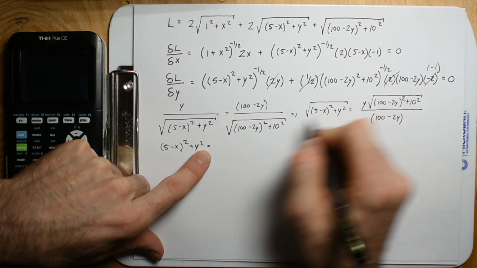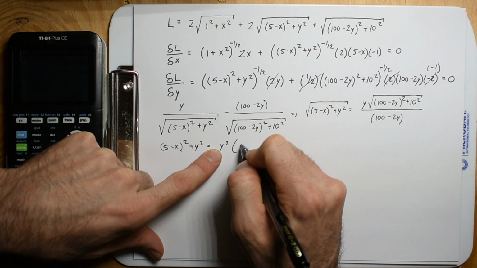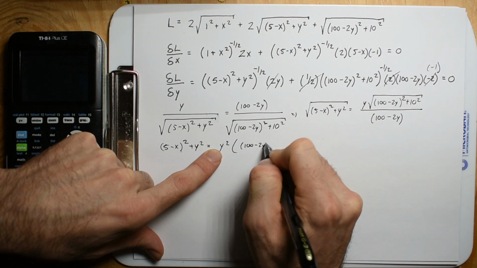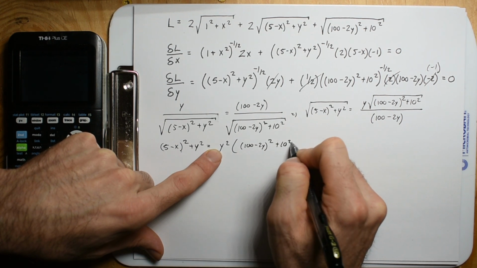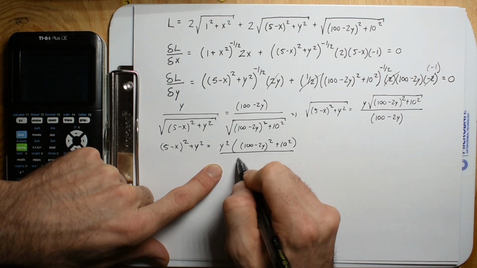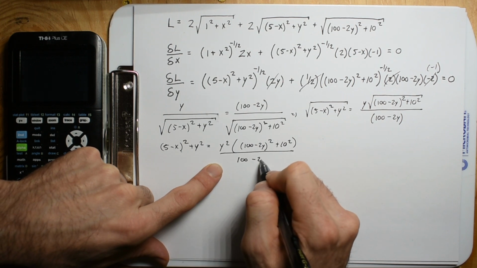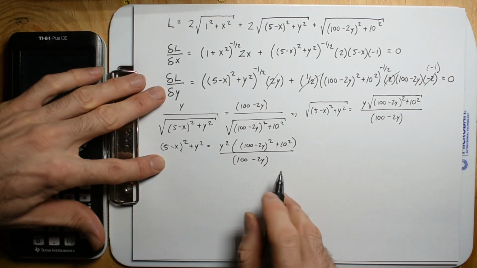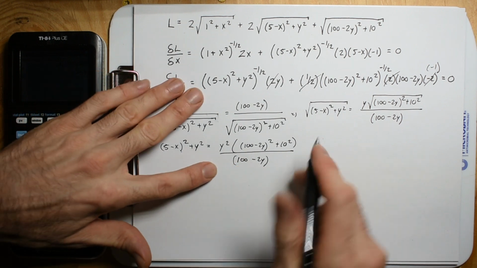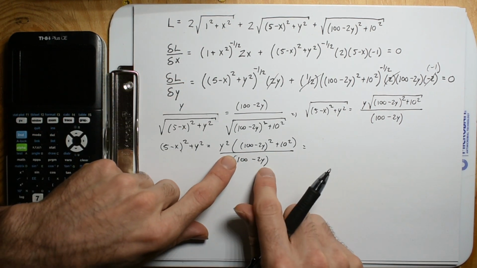Alright. So I have this side, we squared everything. So I'm going to have this side, and this is going to be y squared, and then we have 100 minus 2y squared plus 10 squared, divided by 100 minus 2y. Cool. I'm going to factor this in.